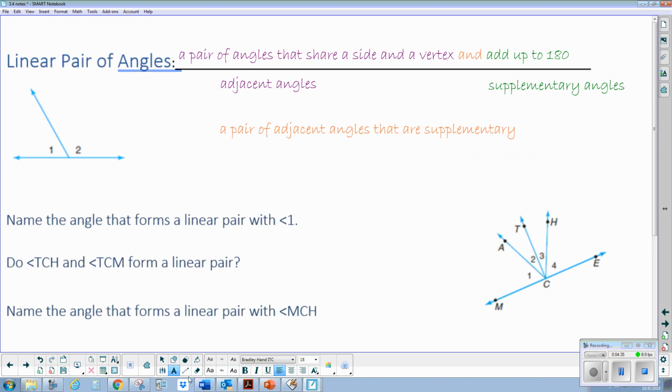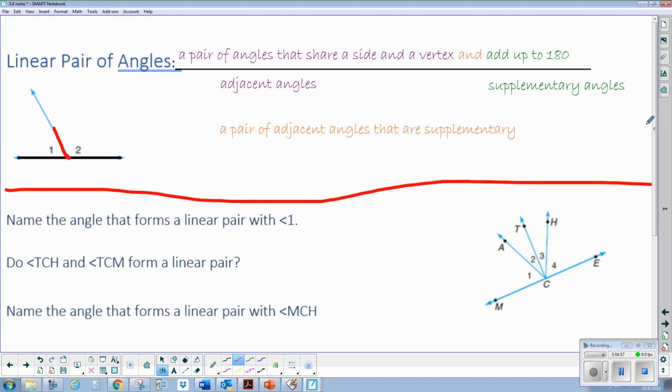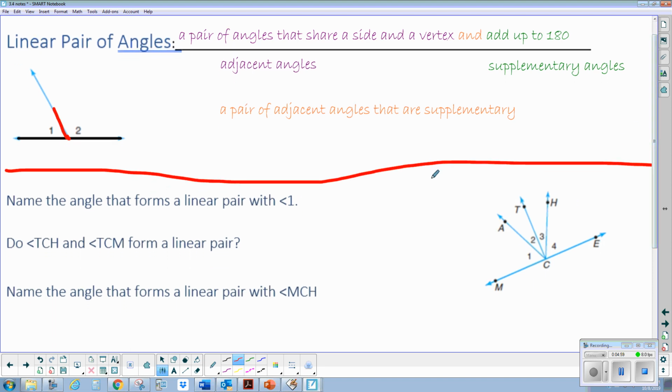If you look at this diagram on the left, we know that these angles are supplementary because they form a straight line, and a line measures 180 degrees. And we know that they're adjacent angles because they share this vertex and they share this side. So angle 1 and angle 2 are a pair of supplementary angles. Now, the second part says, name an angle that forms a linear pair with angle 1.